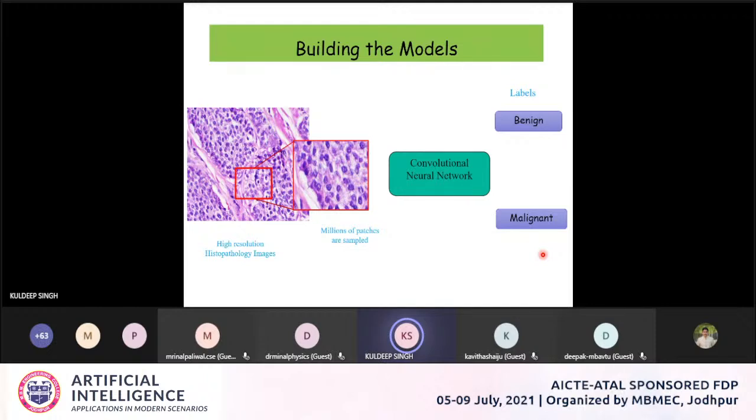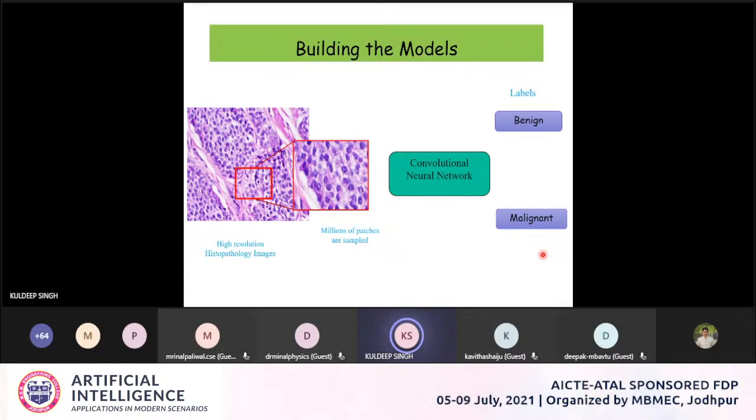In the case of histopathology images, where we earlier discussed breast cancer detection, these histopathology images are of very high resolution. Directly applying these models on these high resolution histopathology images requires a very high-end computing device.